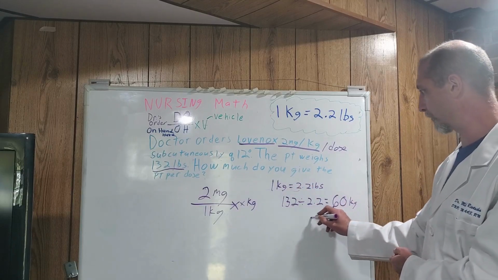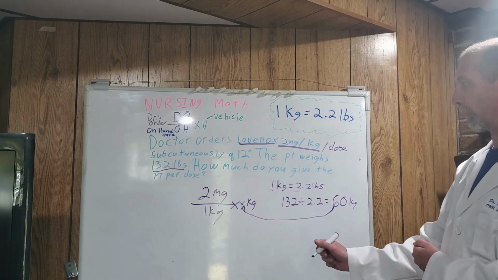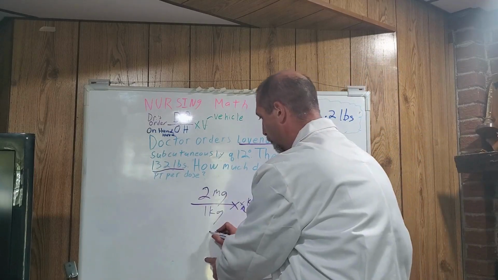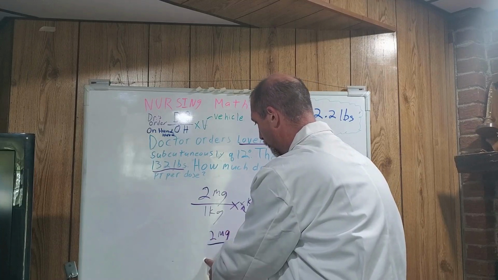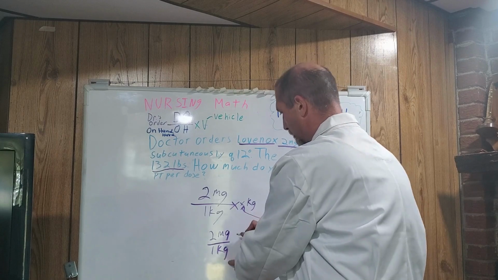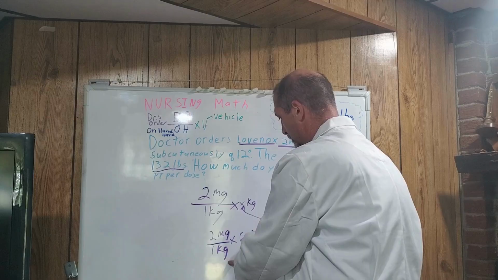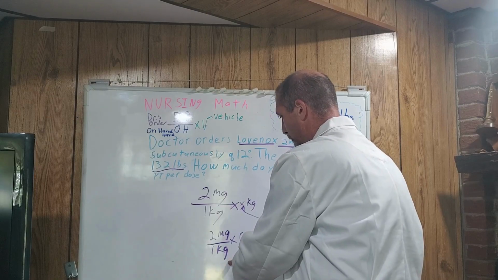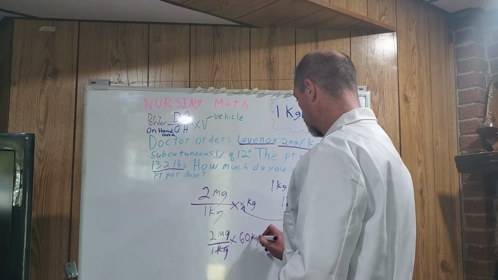This is going to equal our vehicle, and go here. The doctor's order is 2 milligrams over 1 kilogram, times, in this case, our 60 kilograms. Now we're going to divide this out.